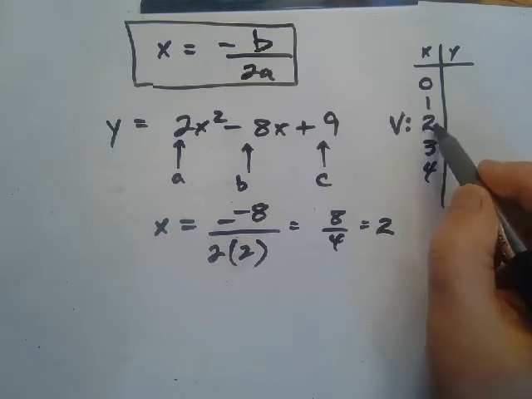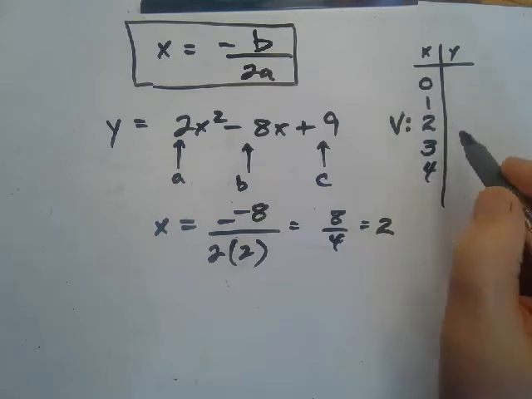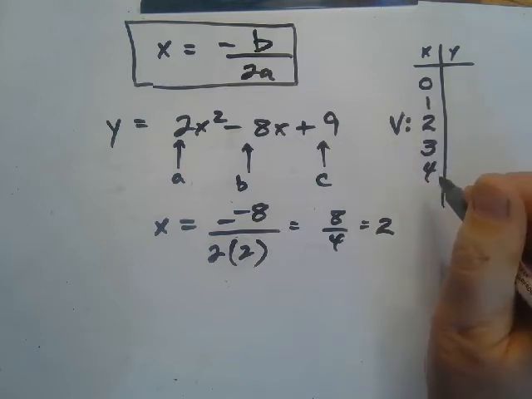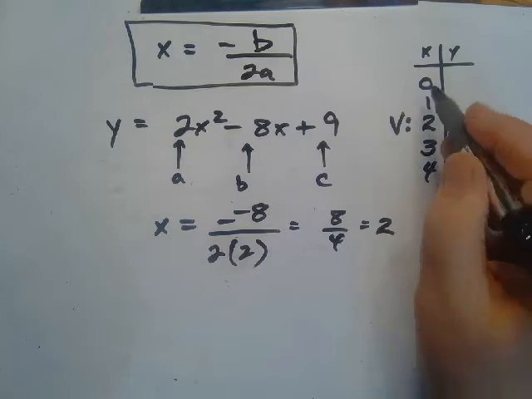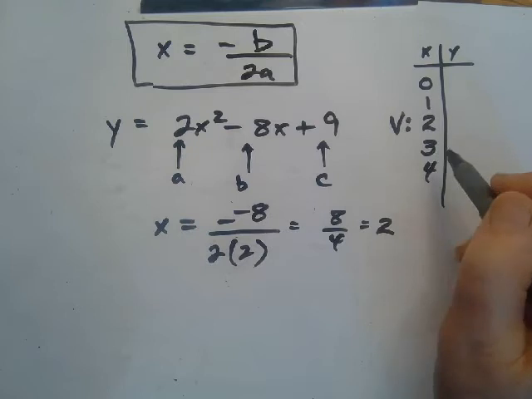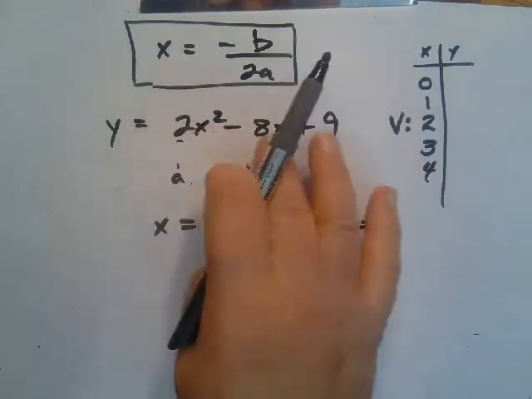By the way, if you get a fraction here, picking values that are fractions is not probably wise. We will do one in a minute where we'll get a fraction for the vertex, and it will not make sense to pick values that are just going up and down by 1. Well, let's put these numbers in. I'm going to erase this so I can work underneath here.